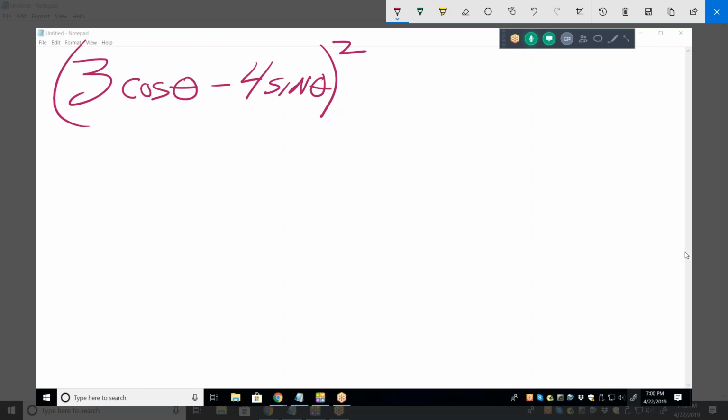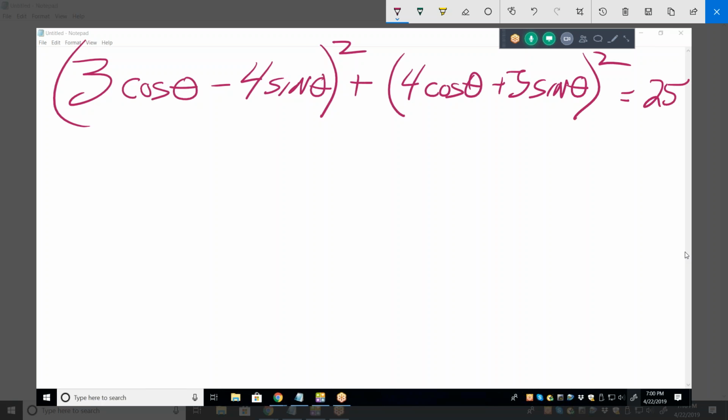And then plus (4 cosine theta plus 3 sine theta) squared. Like that? Mm-hmm. Equals 25. Well, good. I didn't have any more room to write, so I'm glad it's just a simple one.